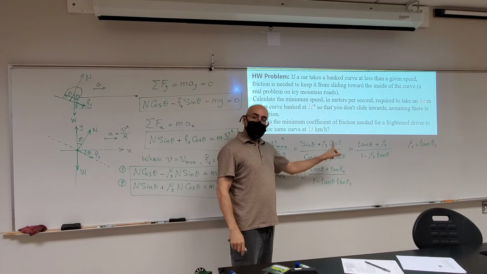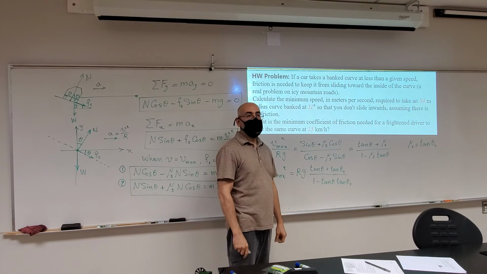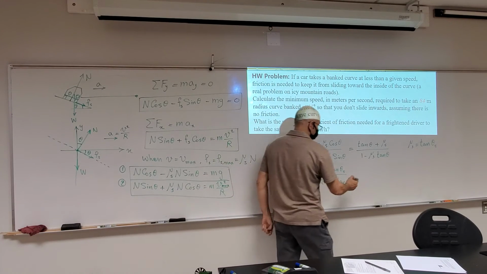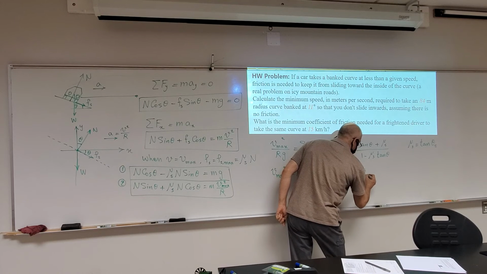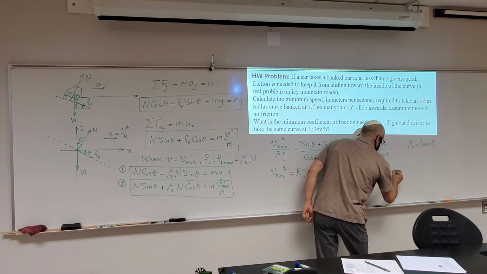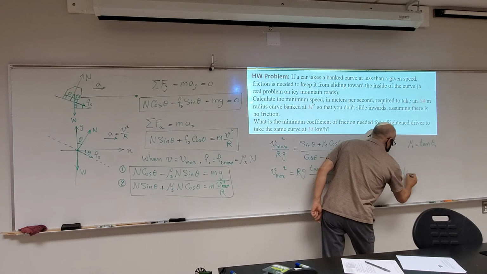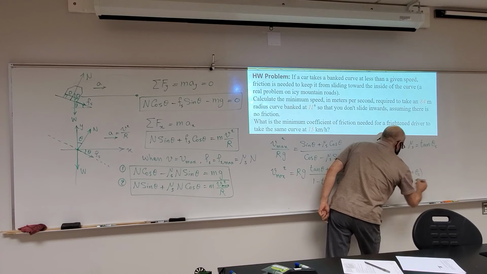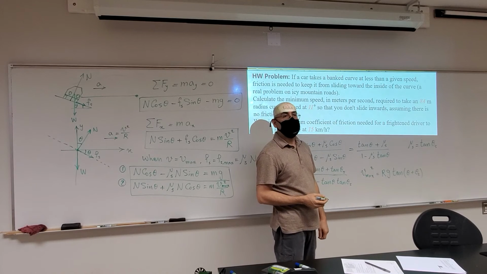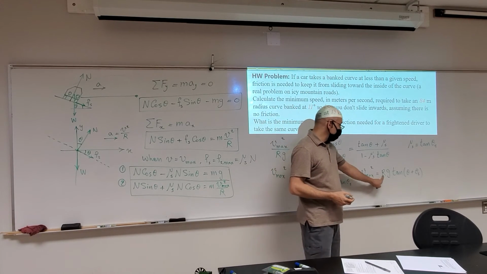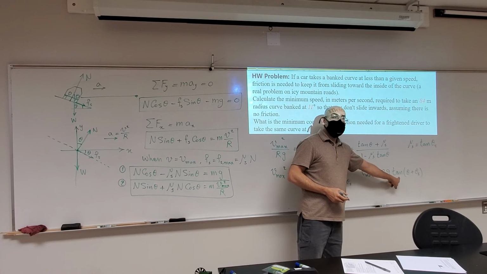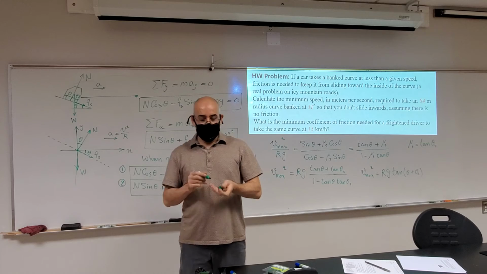This is tan of theta plus theta s. So V max squared is Rg tan of theta plus theta s. And V max is the square root of that. Remember, without friction it was Rg tan theta. I just add theta s to it.